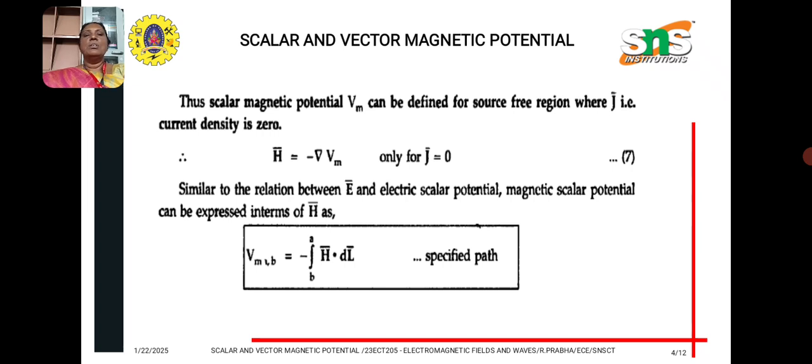So similar to the relation between the electric field and the electric scalar potential, the magnetic scalar potential can be expressed in terms of the magnetic field H as Vm,ba is equal to minus integral from b to a of H dot dl over a specified path.